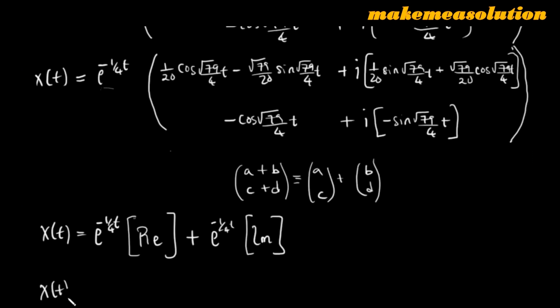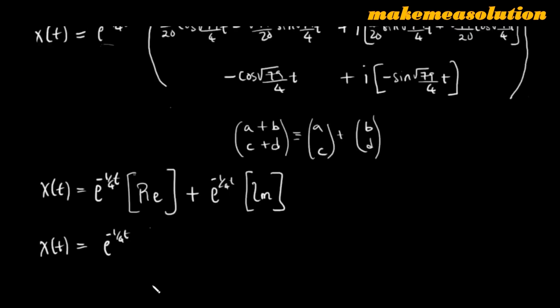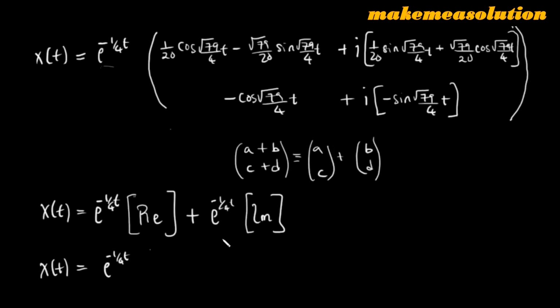So x of t is going to be exponential minus 1 over 4t. Now the real part of our equation is going to be, I'm going to try to squeeze it. So we have 1 over 20 cos root 79 over 4t, then minus root 79 over 20 sine root 79 over 4t.